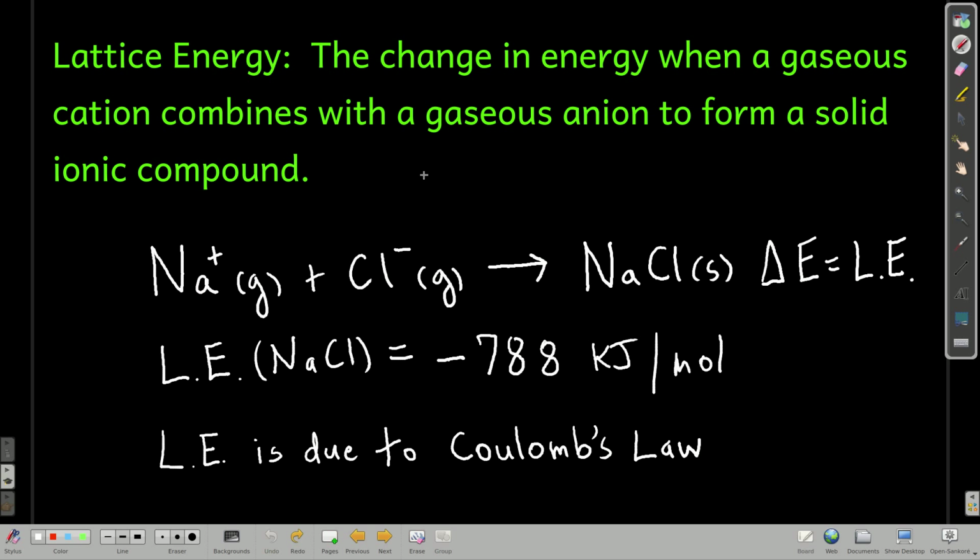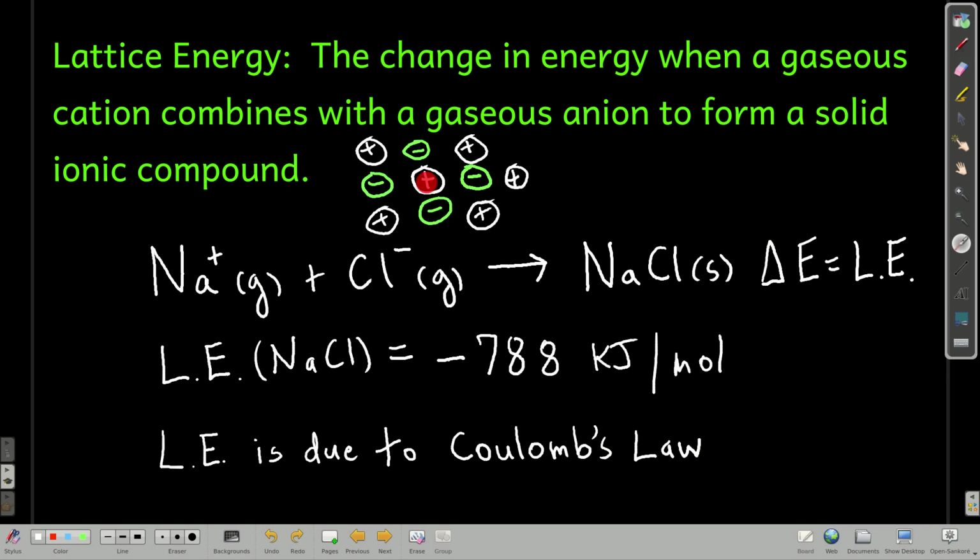So that represents sodium, and that represents chloride. Then when they make a solid, there's going to be a chloride here, here, and here, and then more sodiums out here. So you kind of get the picture, right? It builds this lattice.